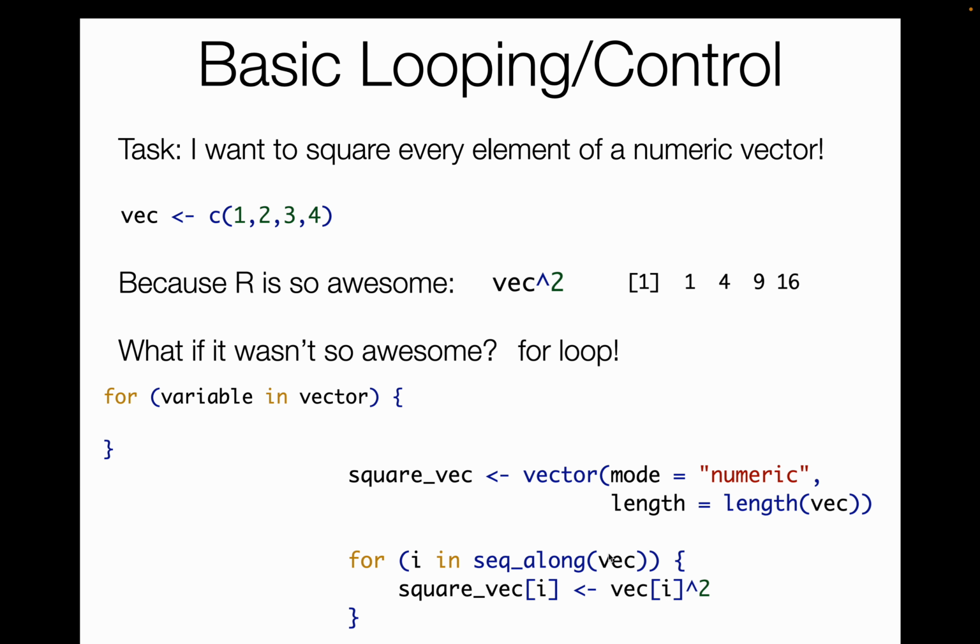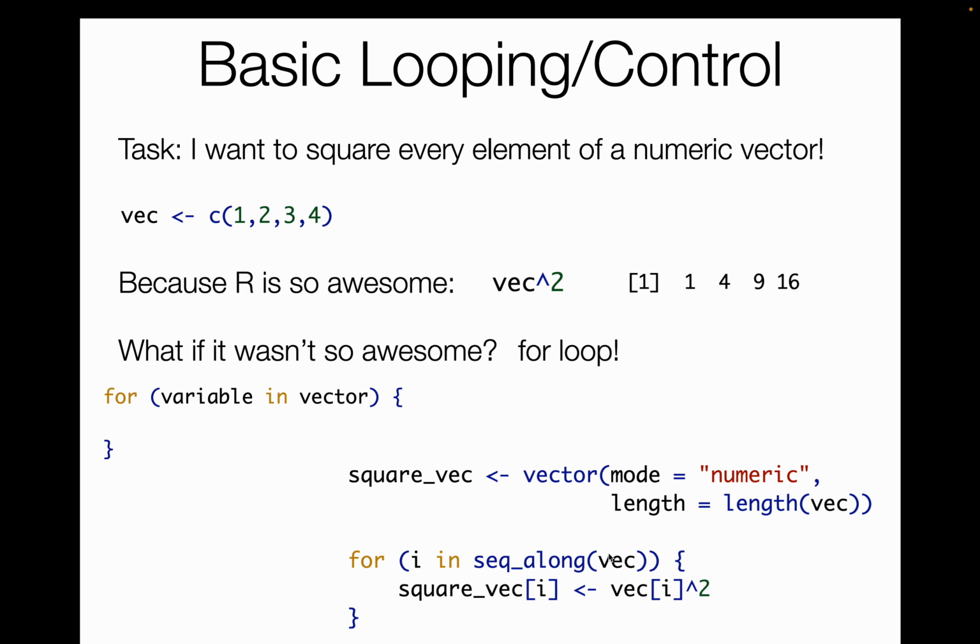Okay, and so here would be the code, although it's a little verbose. I make a vector using the vector function, and I specify everything, and then I use some code down here. My variable is i, so for i in, and then I use a function called seq_along. What seq_along does is you feed it the vector.